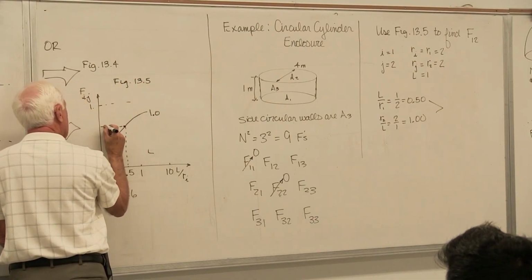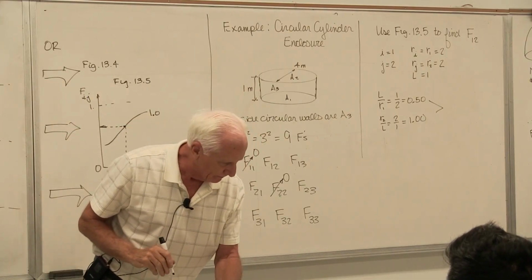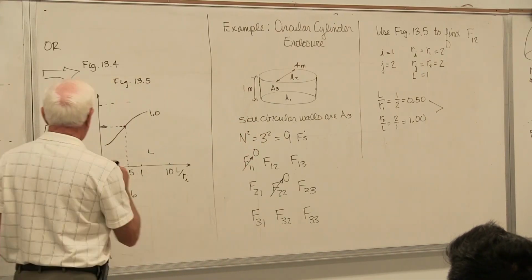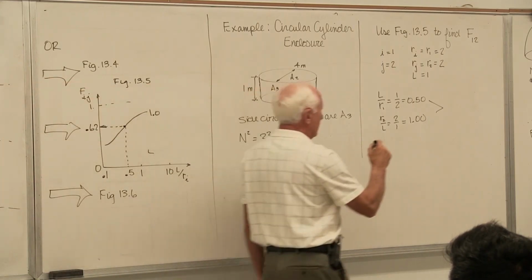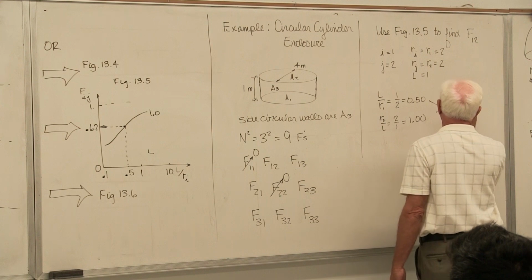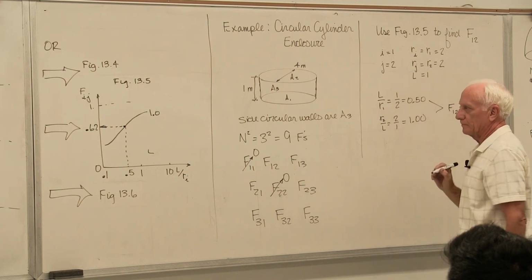Go across horizontally and get the estimate of the view factor, 0.62. So F12, 0.62.